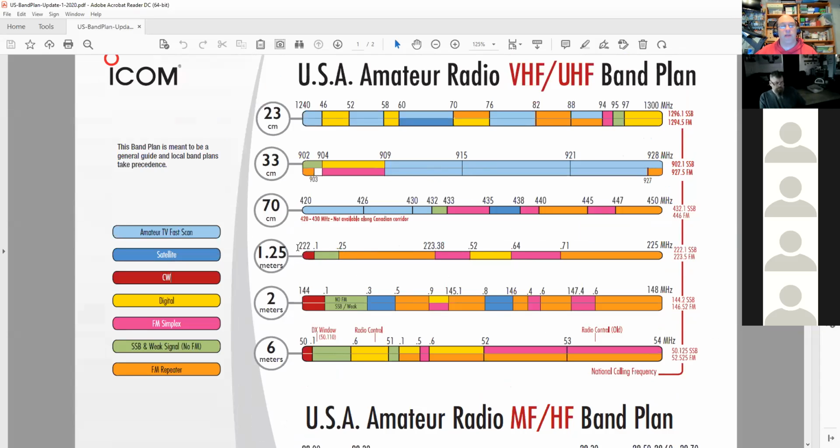To my knowledge, there's only one part of one band that doesn't even allow it, and it's not even shown on this chart. It's on the 1.25 meter band, and it is from 219 to 220. It doesn't even show up here, and that's because hardly anybody ever uses it. Okay, so the way that this works, here's 219 to 220.